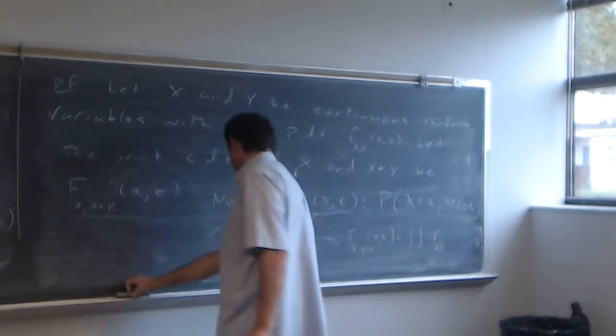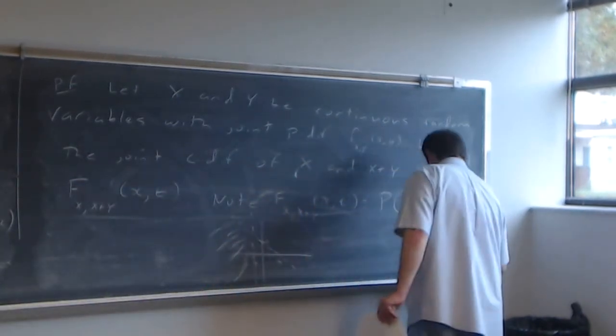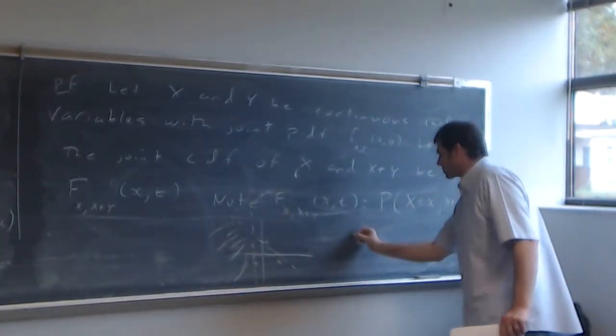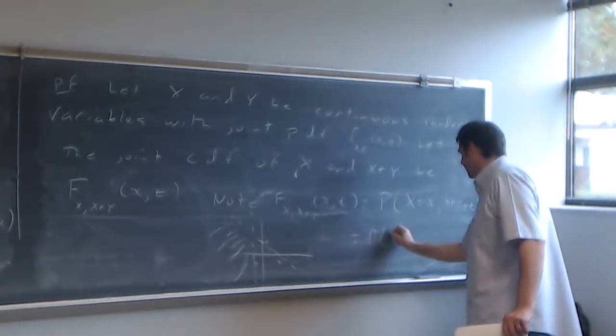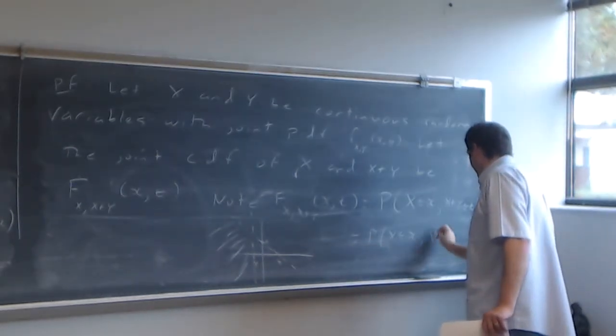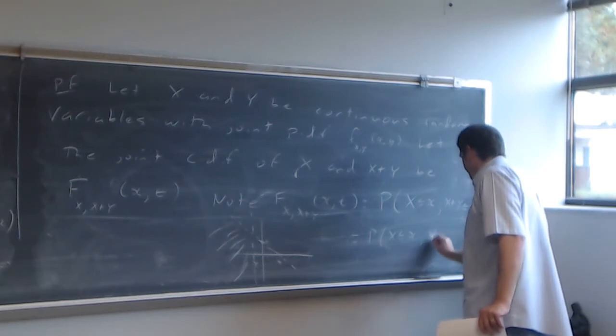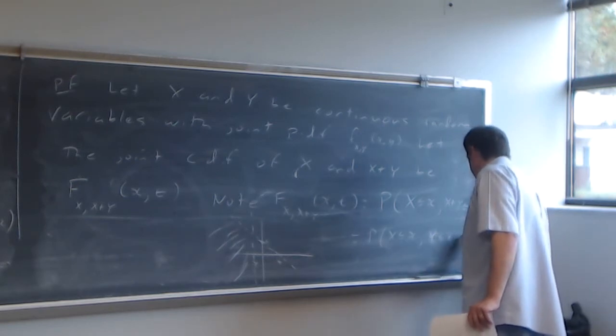This is equal to the probability that X is less than or equal to x, and Y is less than or equal to t minus x.